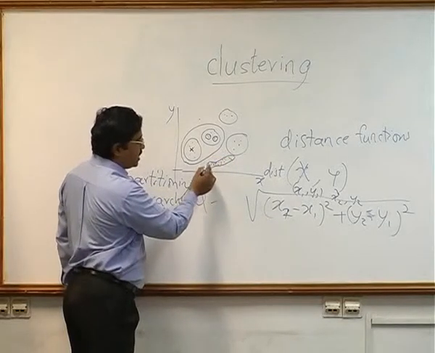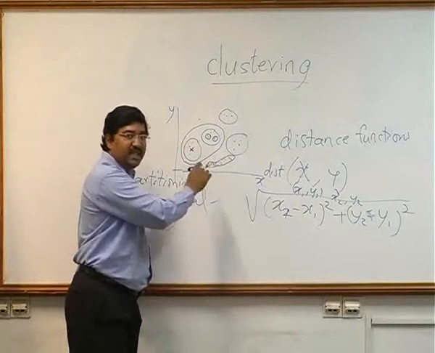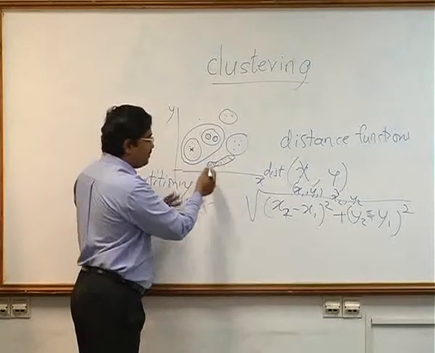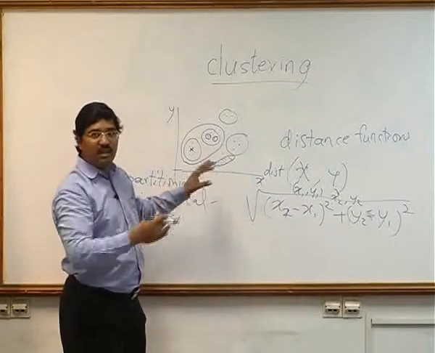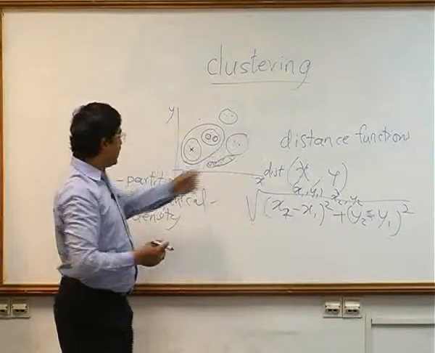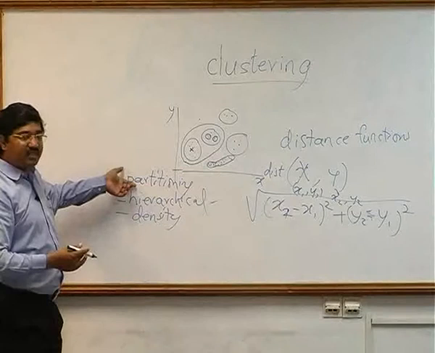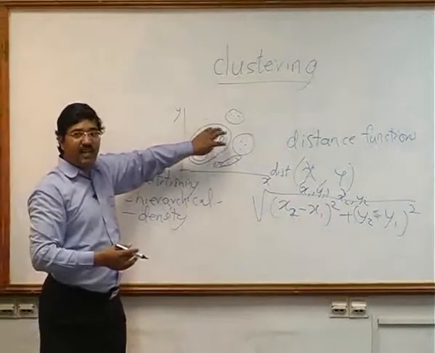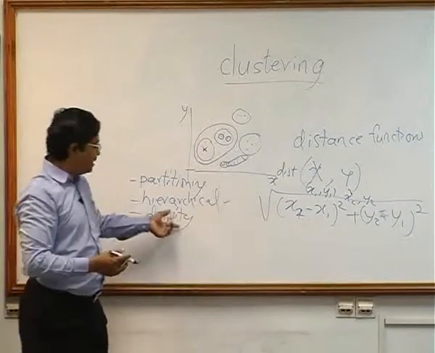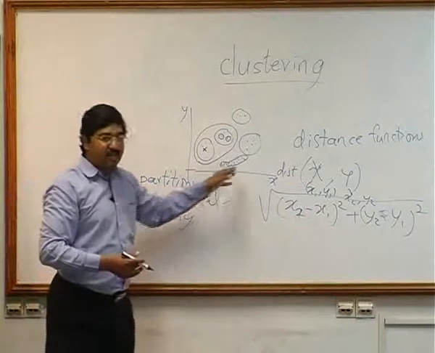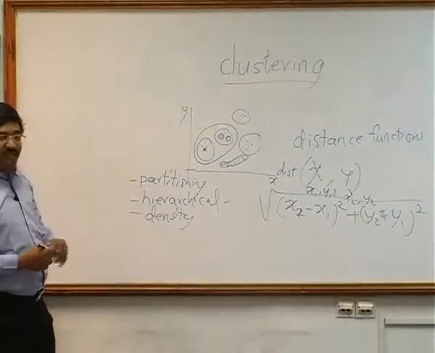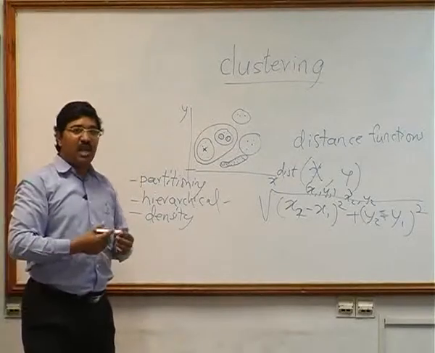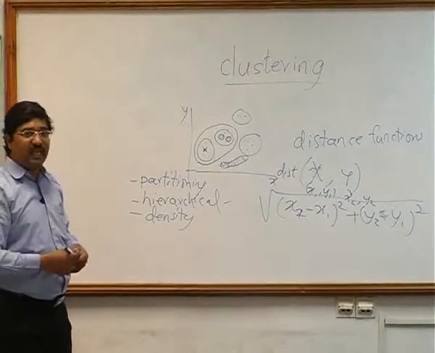It will start at a particular place, and as long as the density is similar, it will keep putting those points as part of the same cluster, and it will grow clusters of arbitrary shapes. Remember, partitioning-based clustering only got us near spherical shaped clusters, but density-based clustering can get us clusters of any shape. These are the major kinds of clustering algorithms which you will study in more detail.